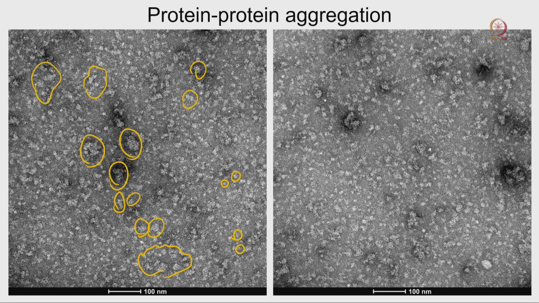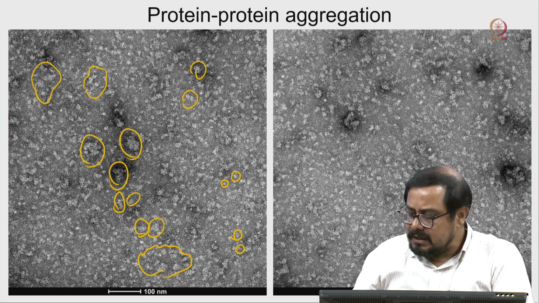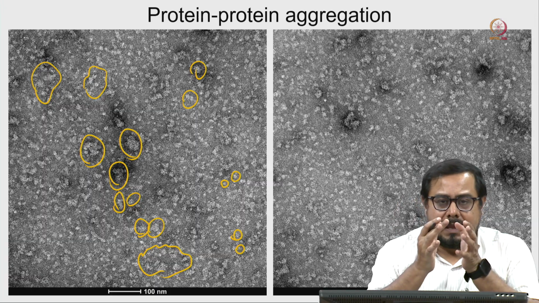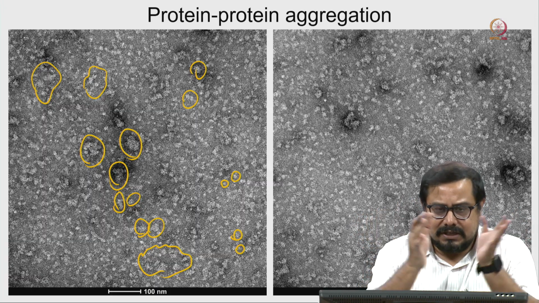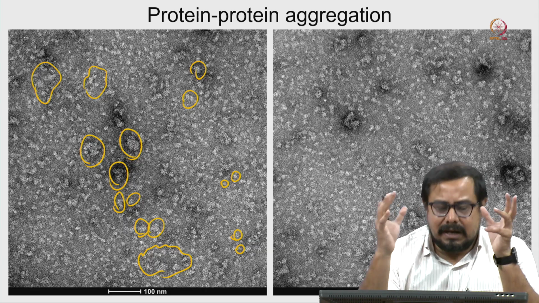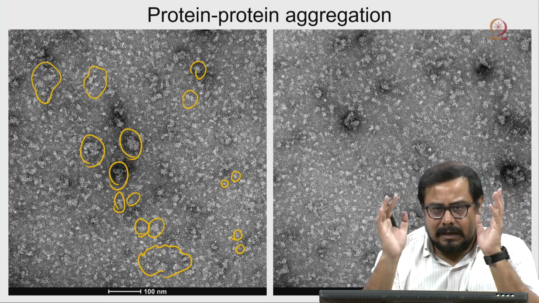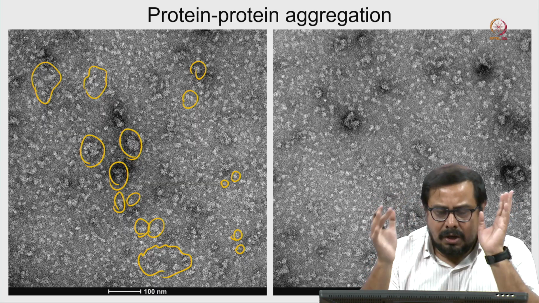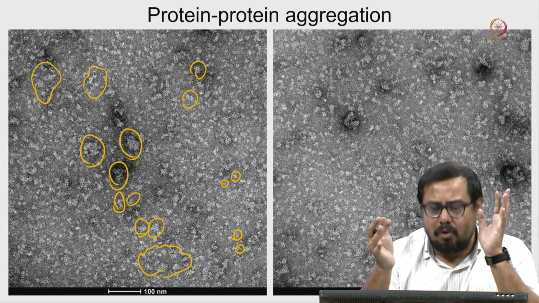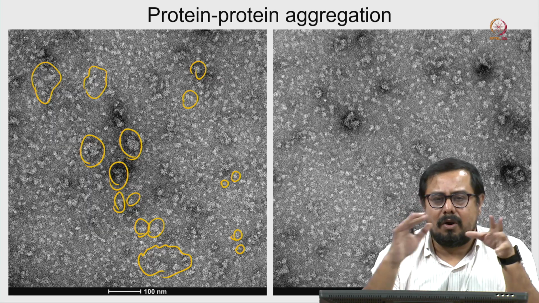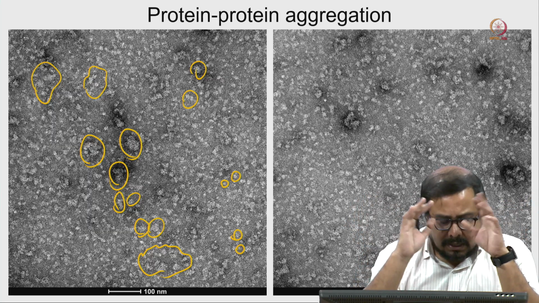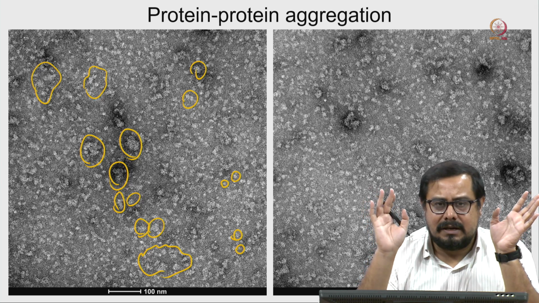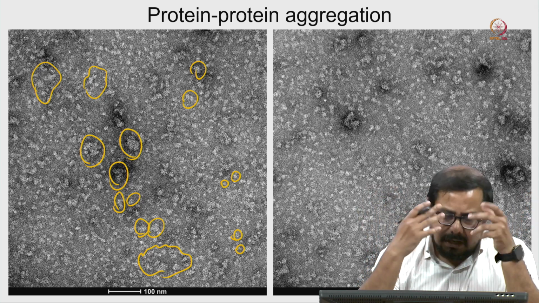I already discussed why the protein aggregation is happening: if there is an intrinsically disordered region, or some portion is surrounded by detergent micelle, or glycerol or high salt is protecting that protein, and suddenly we remove all of these conditions, like we remove the salt concentration, we remove the glycerol completely, and we remove detergent.